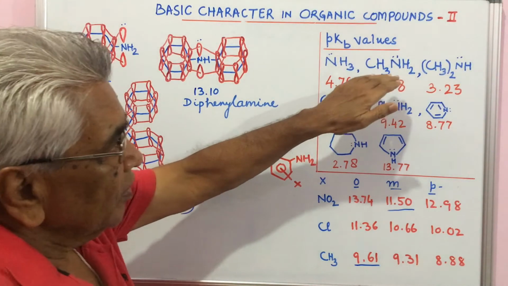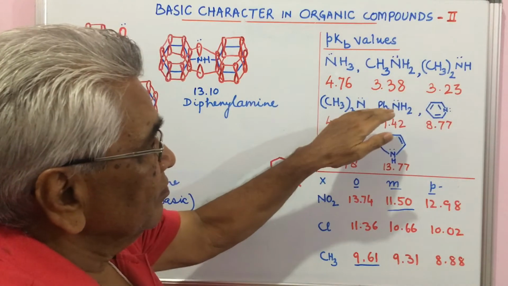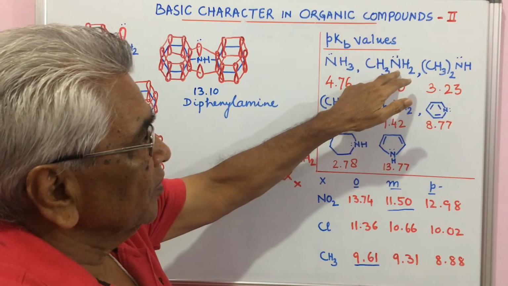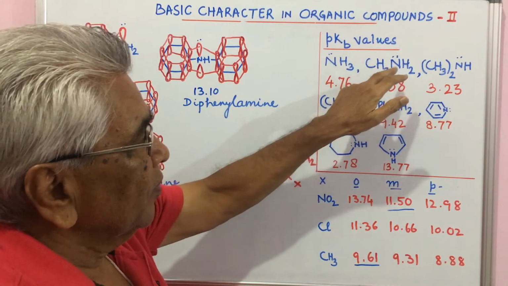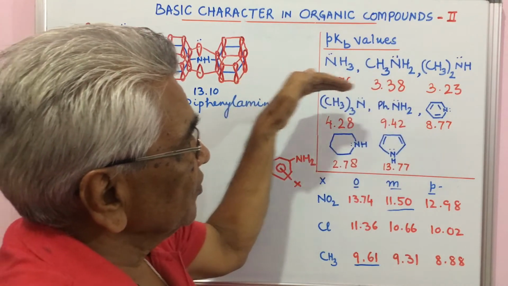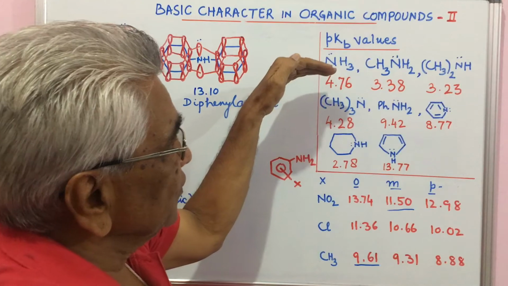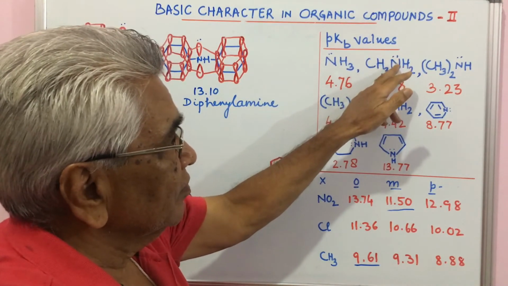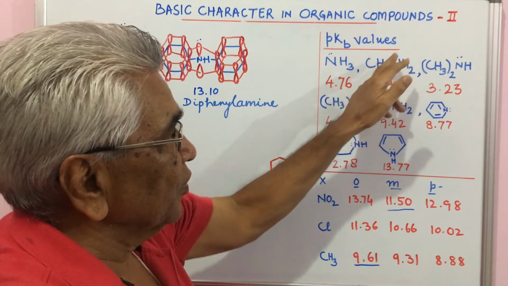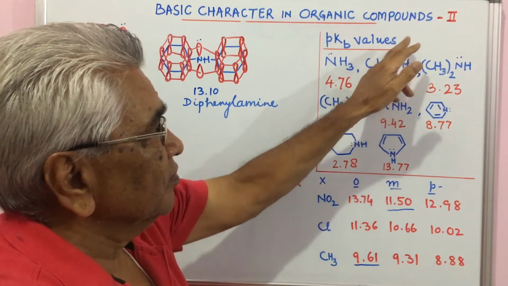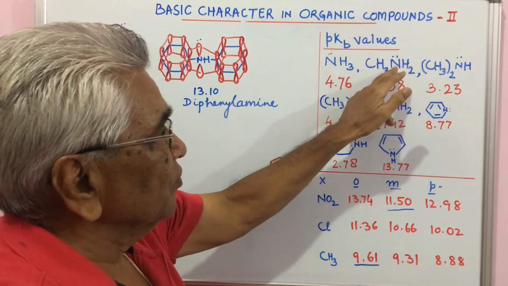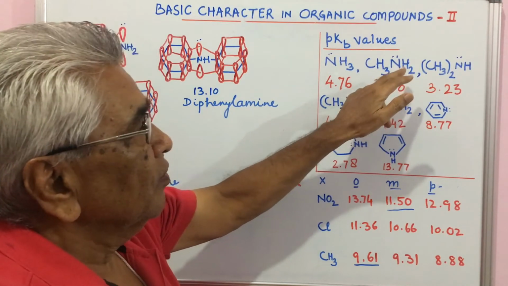Let us see aliphatic amines. In methylamine, you are seeing that there is a methyl group. Methyl has a plus I effect, it pushes electron density towards nitrogen, and this electron pair is thus helped in going away from it, that is in coordination with proton.